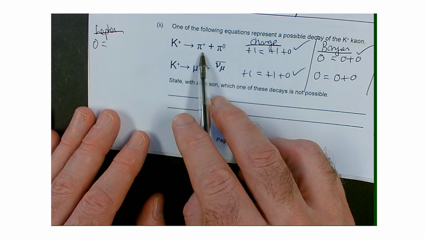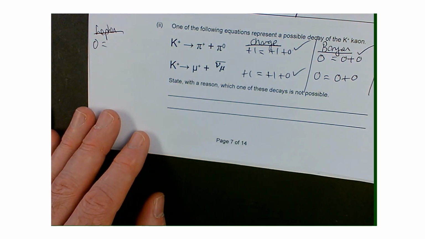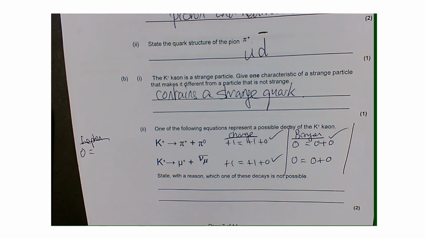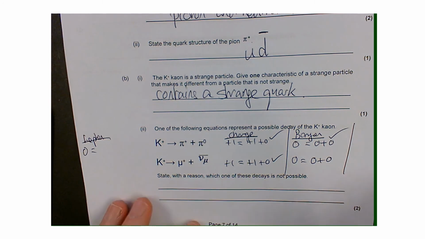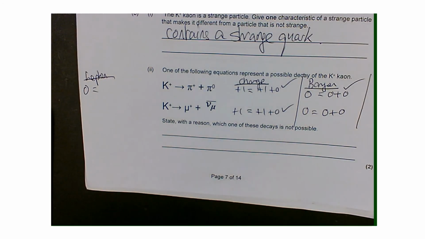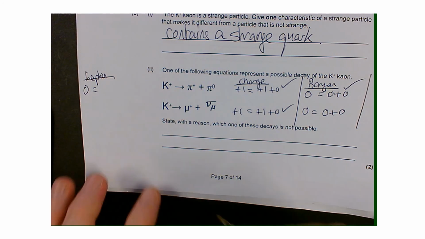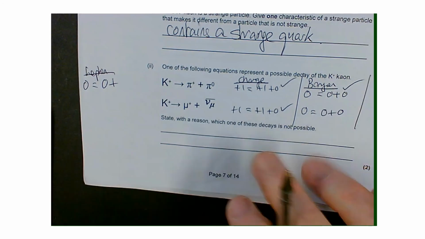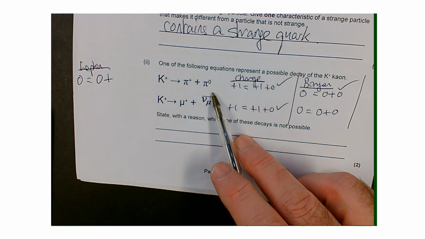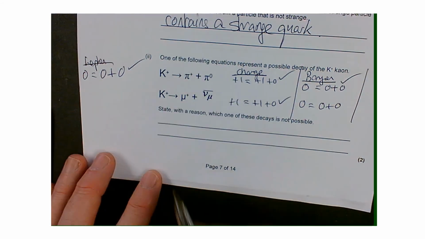What is the positive pion made from? It's written here: up and anti-down. Are those leptons? No. So what's its lepton number going to be then? 0. Very good. And what about the other meson, the neutral pion? It's also a meson, which is a quark and an antiquark, so its lepton number is going to be 0. So that one's fine. And then we'll look at the second one.